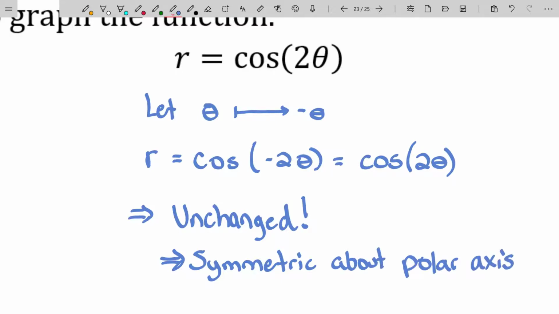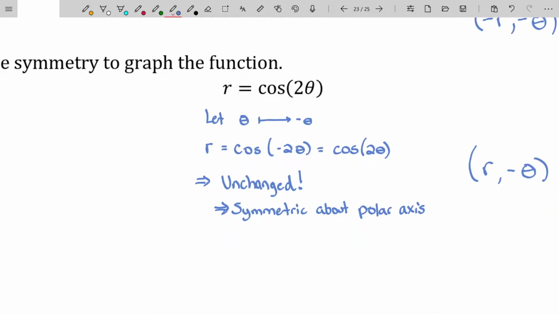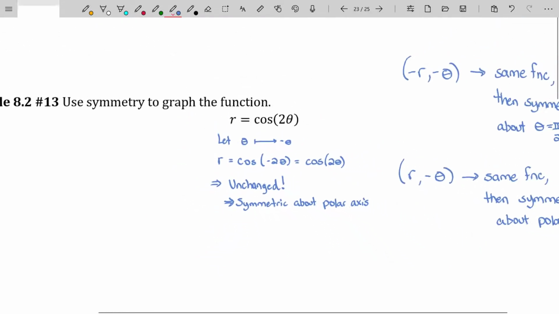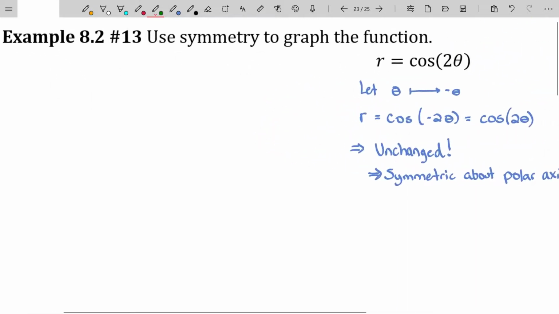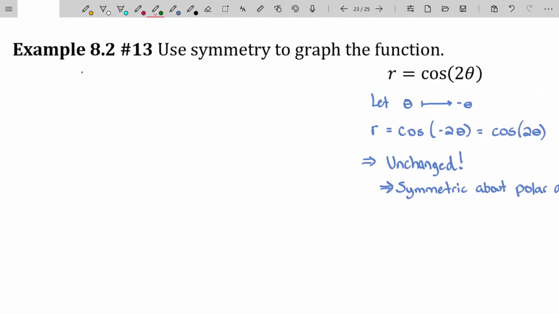And you can also, by the way, test whether or not it's symmetric about the line theta equals pi over 2. It's not going to be, but I'll just showcase it. If you let r, theta become negative r, negative theta, you would have negative r is equal to cosine of negative 2 theta. Cosine is even, so that's cosine of positive 2 theta.